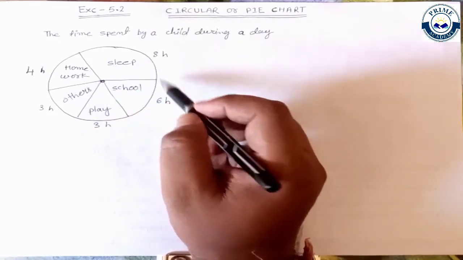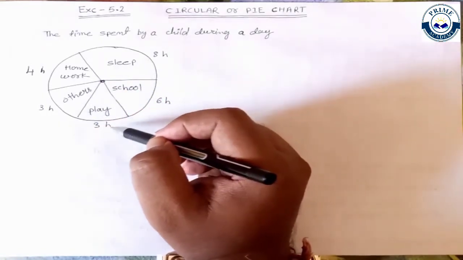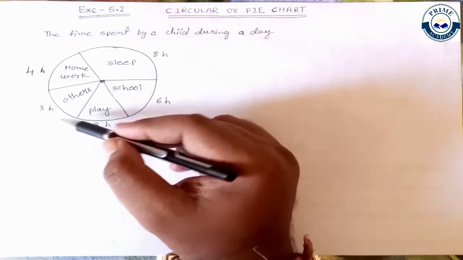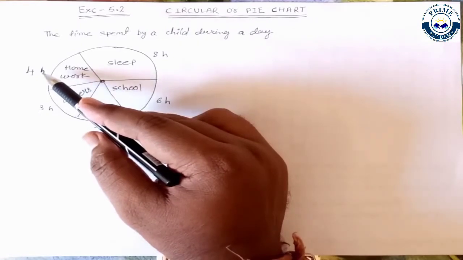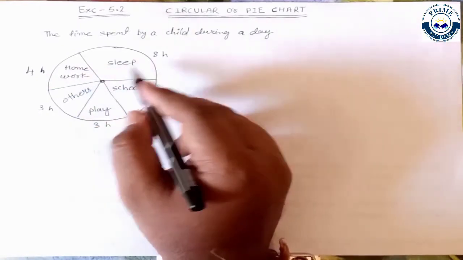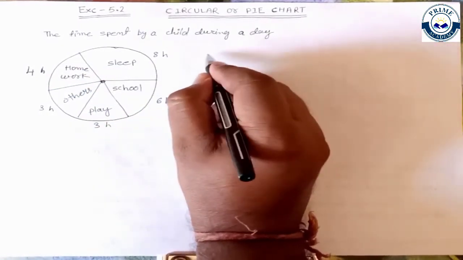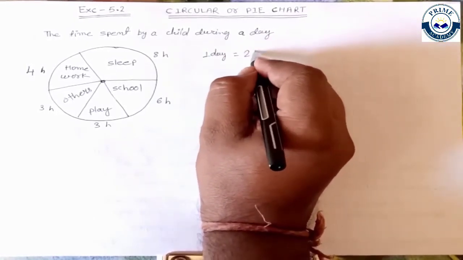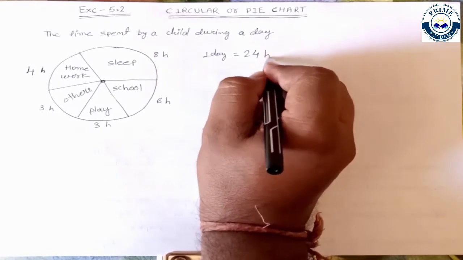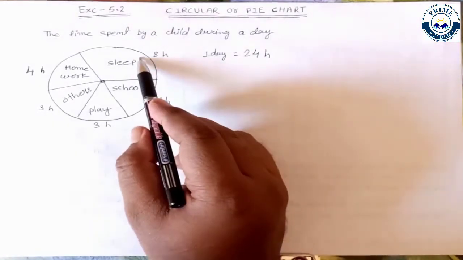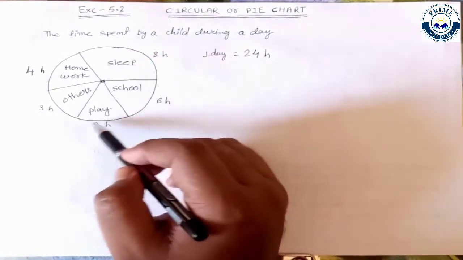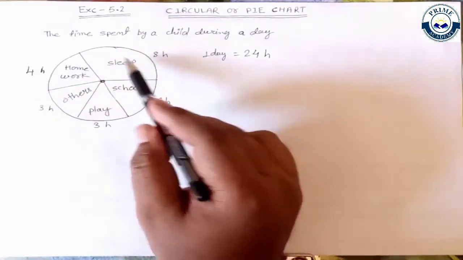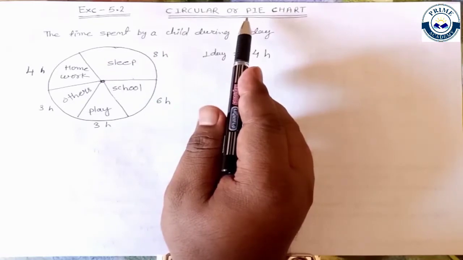So 8 plus 6 is 14, 14 plus 3 is 17, 17 plus 3 is 20, 20 plus 4 is 24, means what? So one day has 24 hours, right? So here the 24 hours we have divided into various sectors of a circle. This circle representation is known as a pie chart, right?